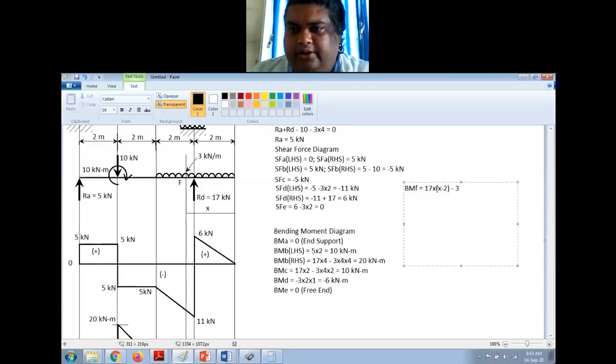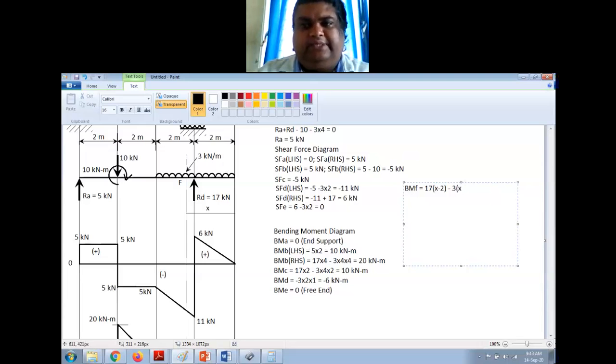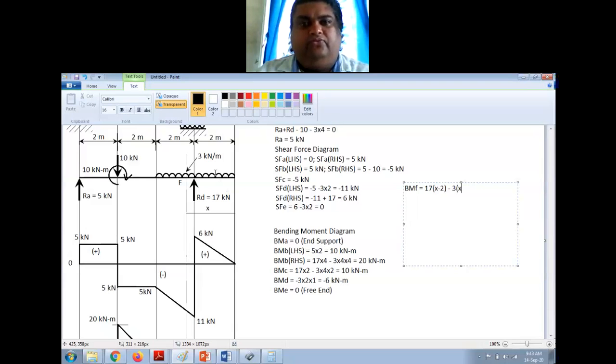I'll not put it in here because x and into will get confusing. So 17 into x minus 2 minus 3 into the length of UDL itself, which is x, into the distance from which the force is acting, that is x by 2.